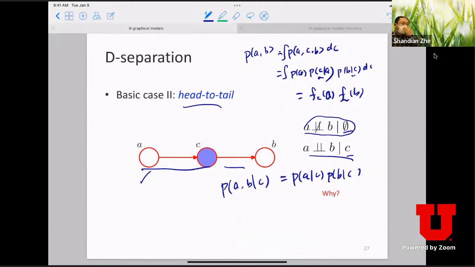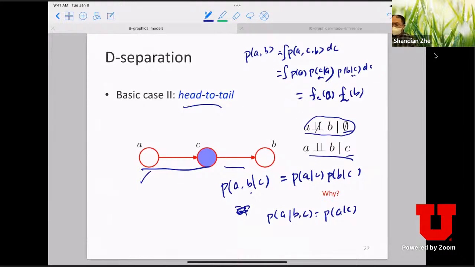If A given C is just P of A... What? P of A given C, it's just P of A according to the structure. Oh no, I mean, you're saying P of A and B given C... if you want to say the conditional independence another way, it should be P of A given B and C equals P of A given C. It's not P of A itself.